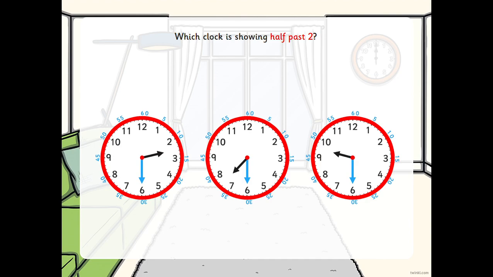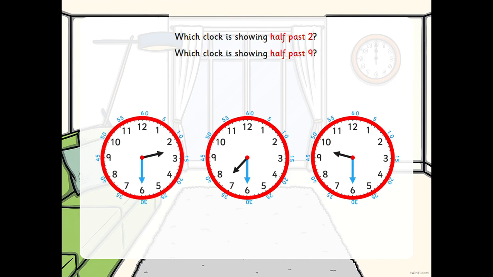Okay, which clock is showing half past 2? It is this first one here. So the big hand is on the 6, making it half past, and our small hand is in between the 2 and the 3. So that means it is half past 2.